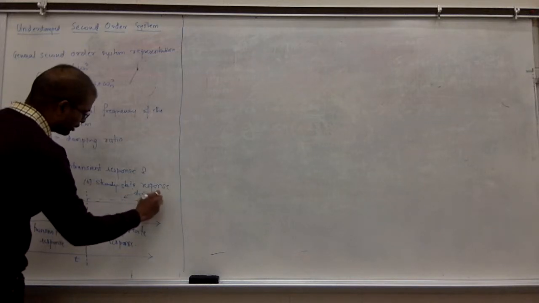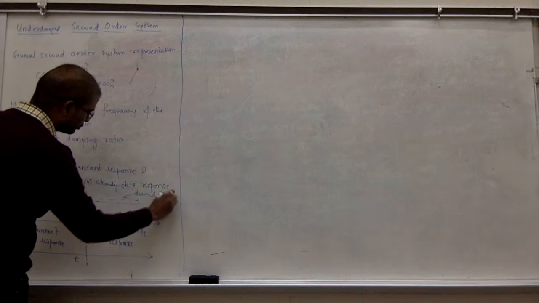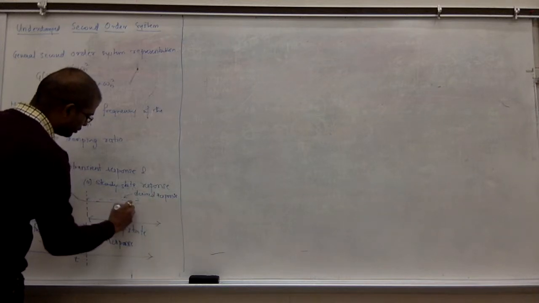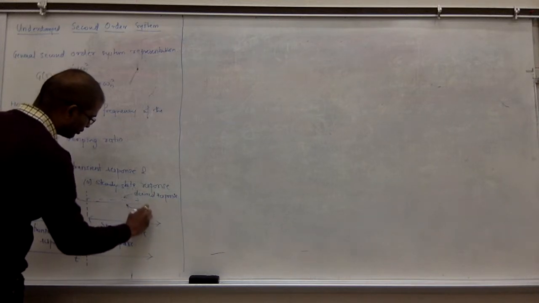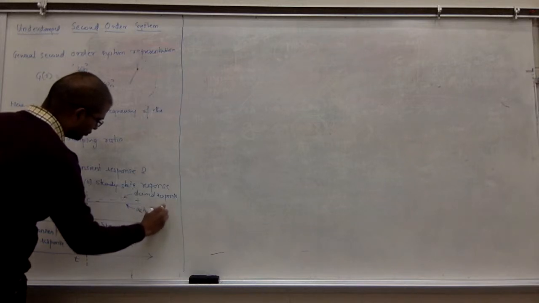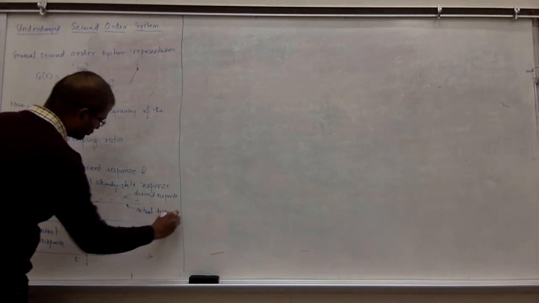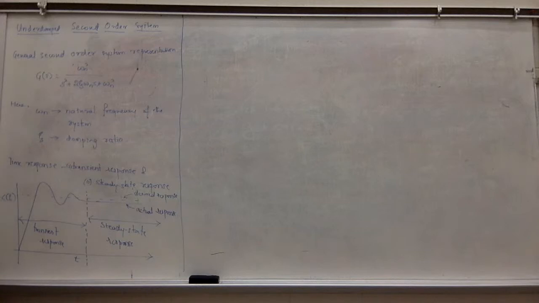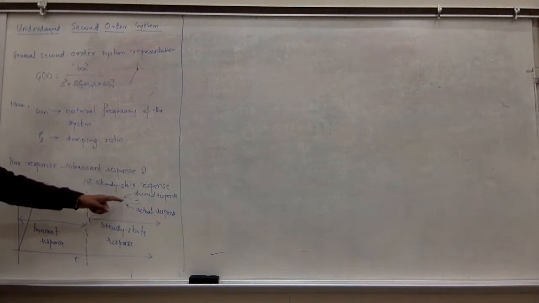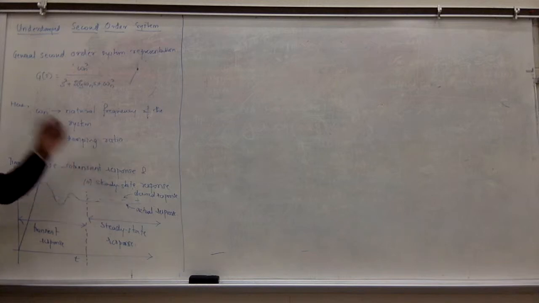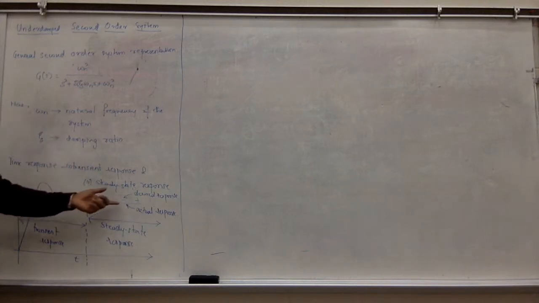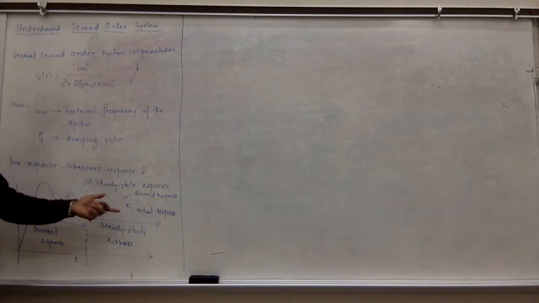This is the desired response, and this is the actual response. Okay? No system will immediately get to the desired response. You cannot get to the desired response in 0 time.